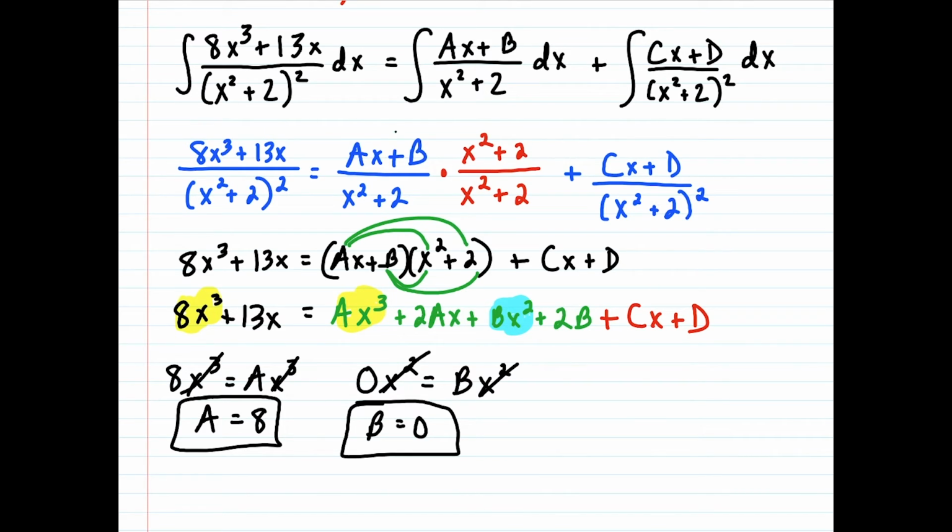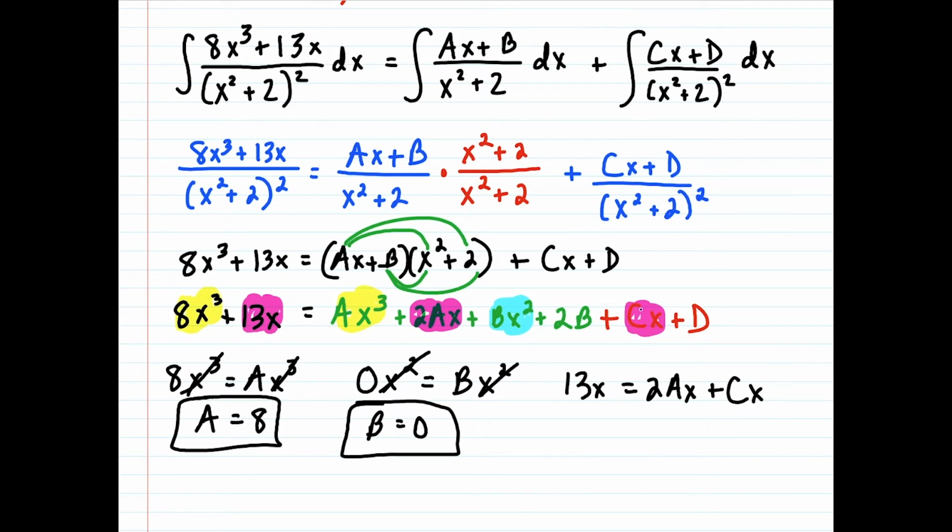And then the next thing we should move to is the x terms. So if we look here, our x terms are, we have 13x, and then here we have 2ax, and we have cx. So if we extract all of that information, that's going to give us 13x equals 2ax plus cx.